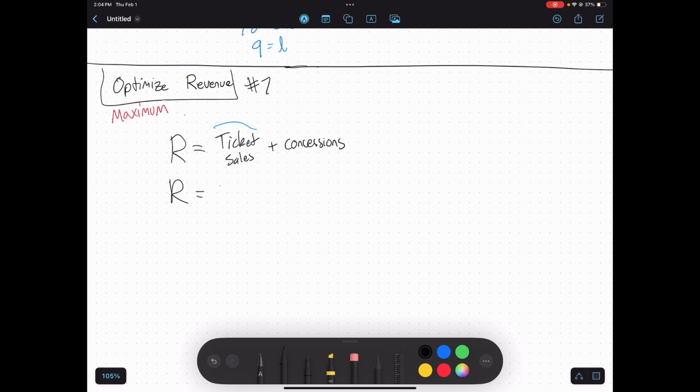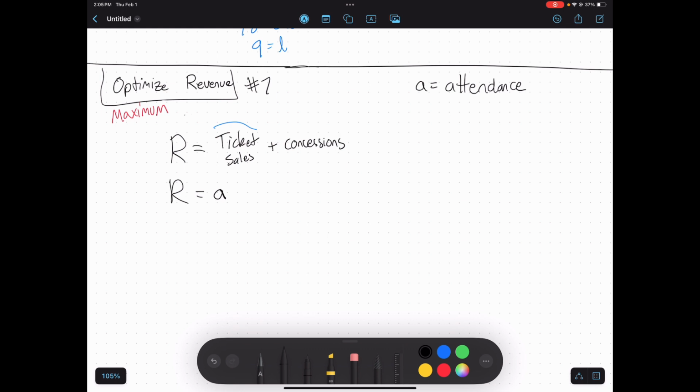Okay, so let's do lowercase a for attendance. So a is equal to attendance. How many people showed up to the game? But what else does it depend on? Right? If you give away seats for free, you're not going to make any money in ticket sales, right?